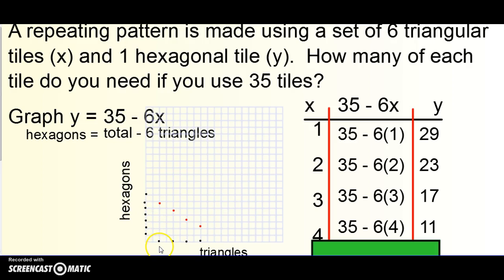So I went 1 hexagon, 29 triangles, 2 hexagons, 23 triangles, 3 hexagons, 17 triangles, and 4 hexagons, 11 triangles.